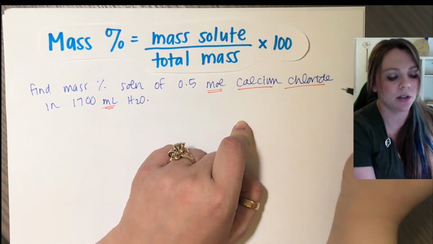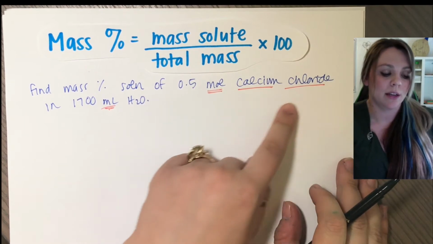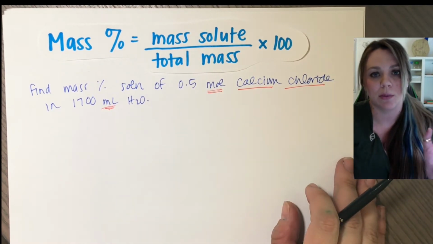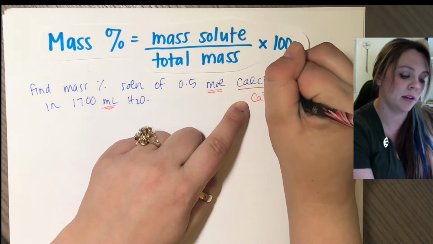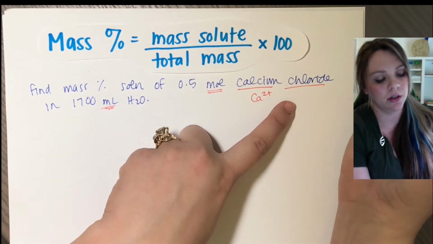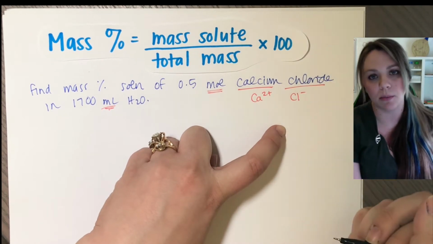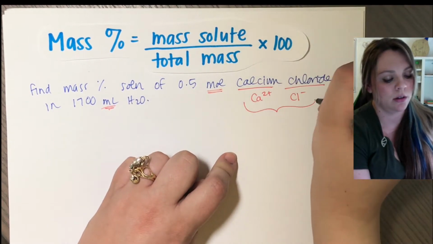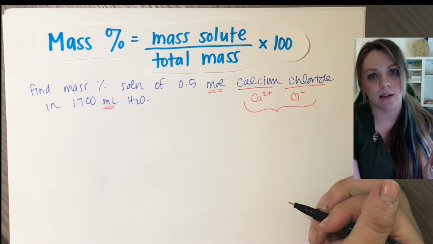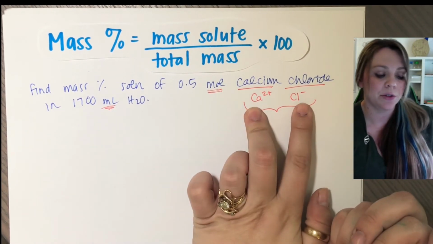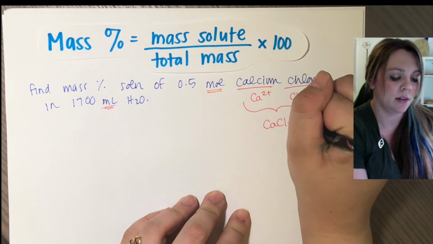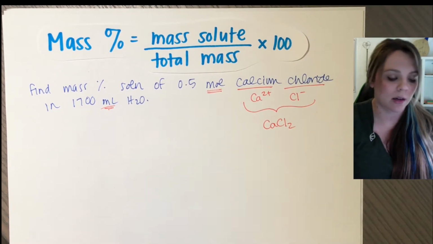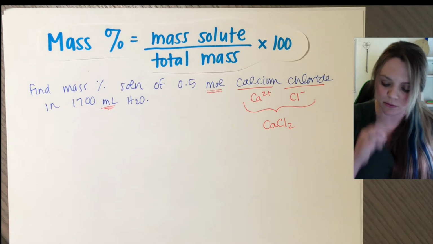So please make sure that you know how to go from a name of an ionic compound to the actual chemical formula, okay? So calcium has a 2+ charge. Chloride has a 1- charge. When these guys come together to make calcium chloride, they need to be electrically neutral. So 2 chlorides for 1 calcium, CaCl2.